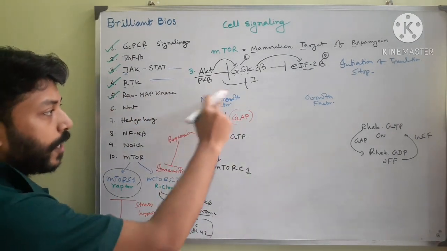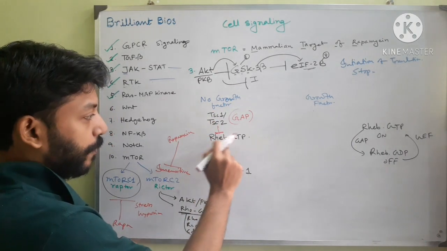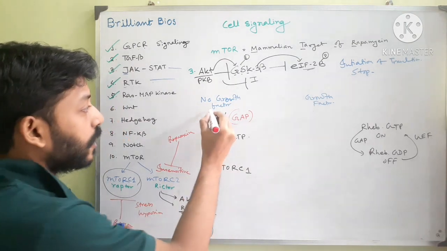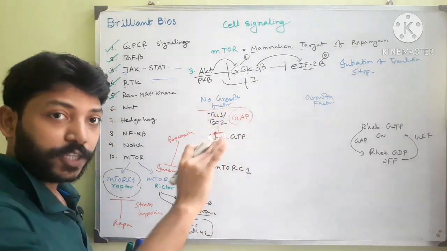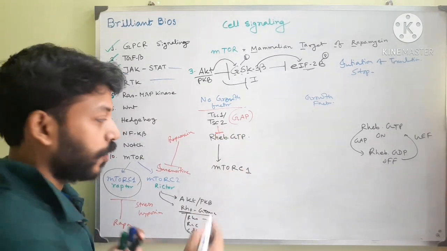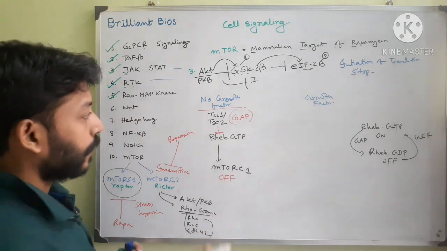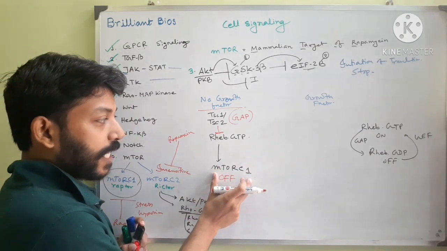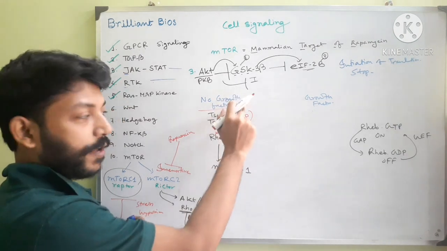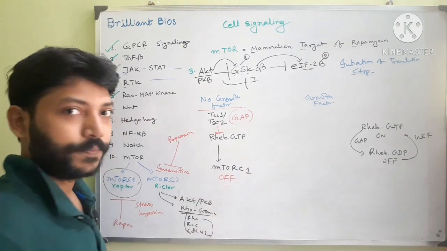When there is no growth factor, TSC inhibits this RHEB GTP that activates the mTOR C1, so when there is no growth factor, the mTOR C1 is not active, so it is off. You have to understand, mTOR C1 is activated by RHEB, but RHEB is inactivated by TSC2. When there is no growth factor, TSC2 inhibits RHEB, RHEB cannot activate the mTOR, so mTOR is off.